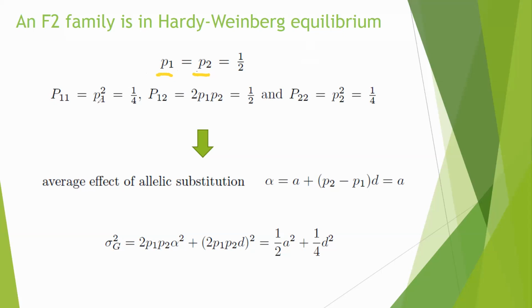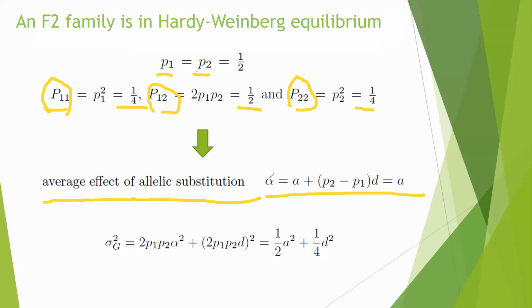We can use this allele frequency to calculate the genotypic frequency, for the A1A2 heterozygous and the homozygous A2A2. And this is how we calculate the average effect of the allelic substitution, the difference between alpha-1 and alpha-2.